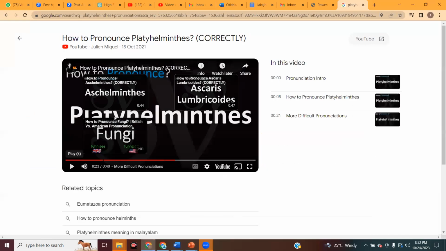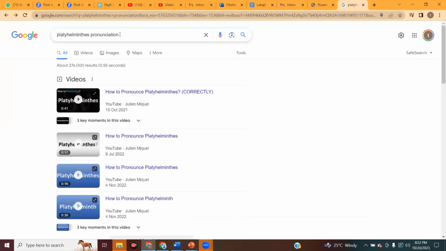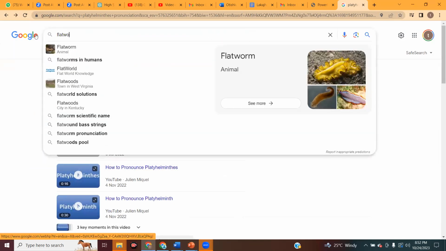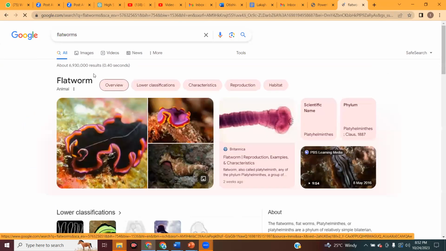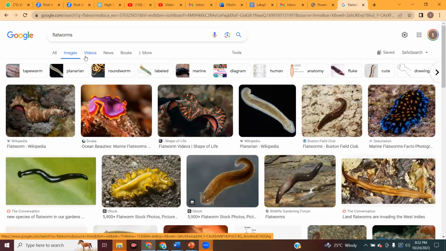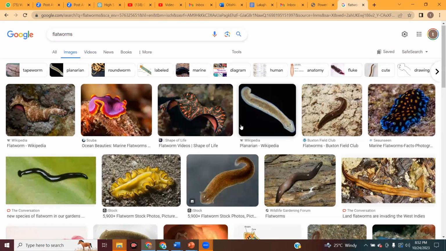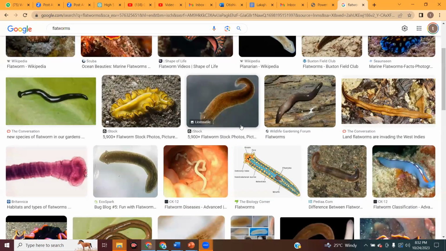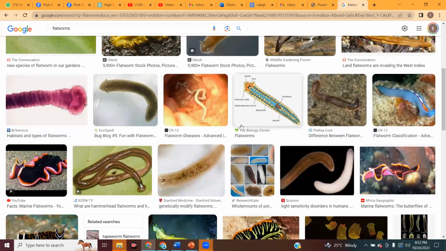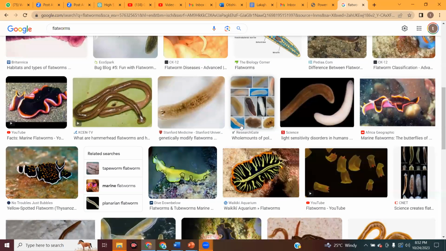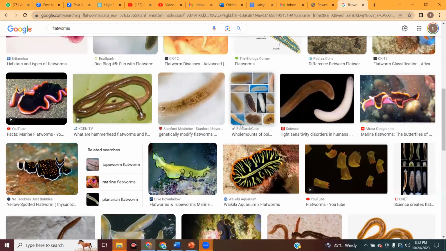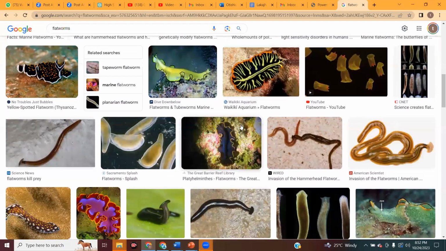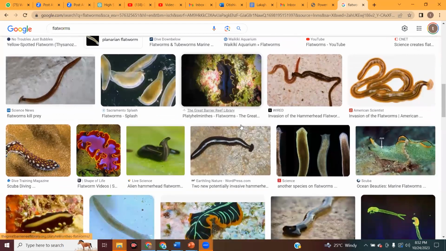So let's look at some flatworms. Oh, interesting. This one looks colorful. They actually look a little pretty. They are flat, like the name says.